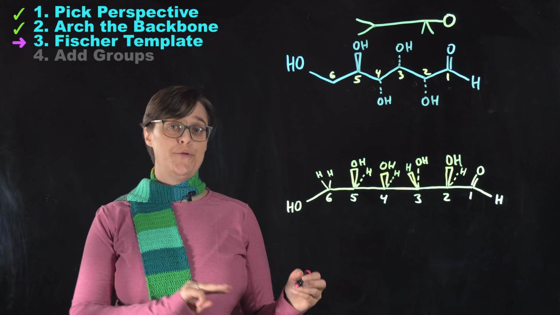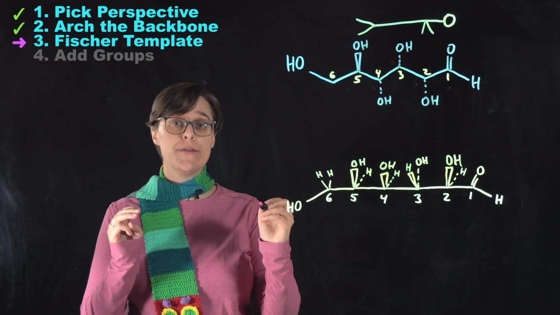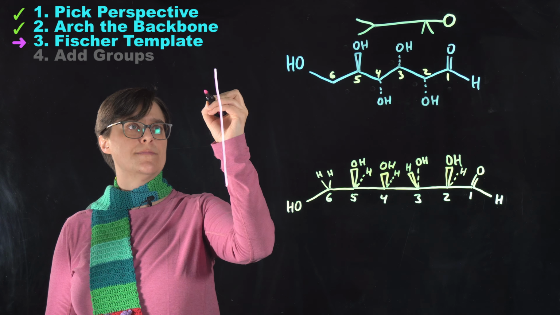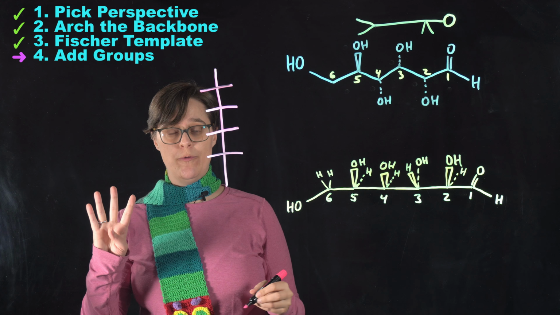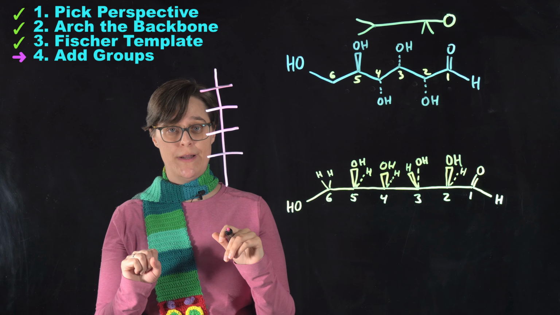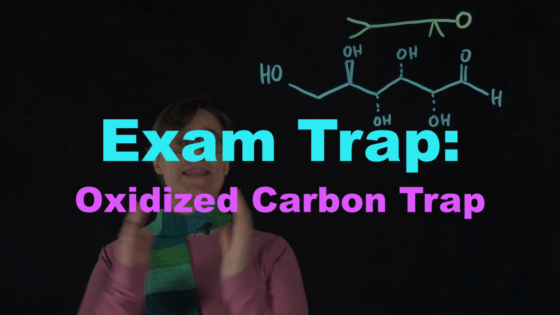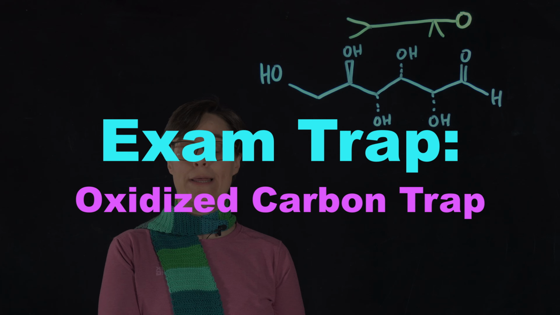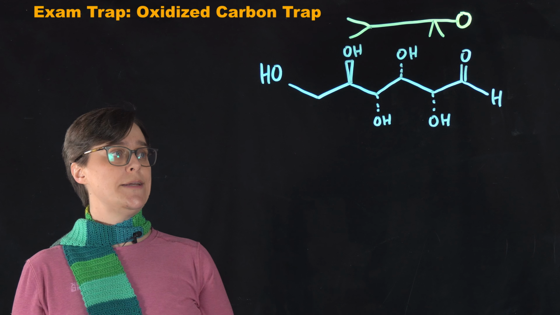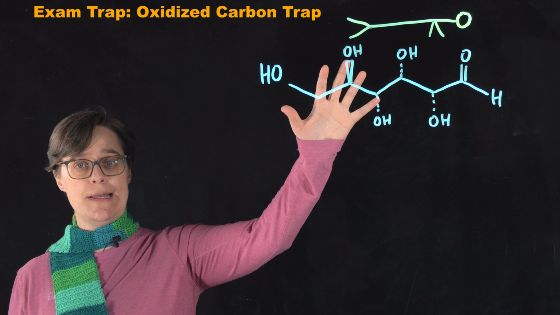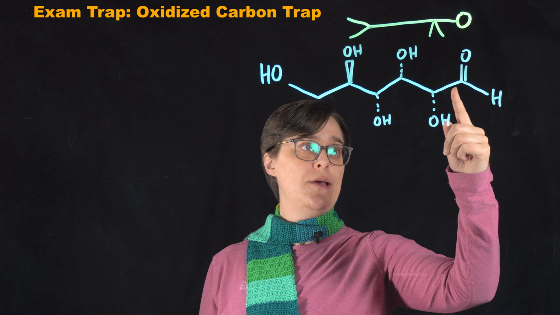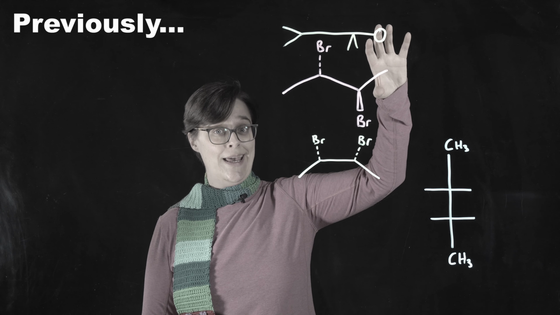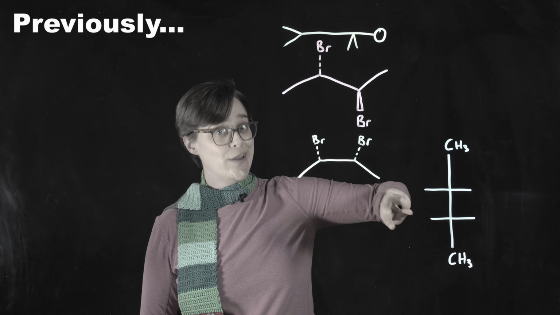Step 3 is to draw your Fischer projection template with the correct number of carbons. Step 4, add all of the other groups that are bonded to it. This brings us to the next common place where people tend to lose points. It is far more common to draw a skeletal structure with the carbonyl group on the right. Wedge is on the right, dash is on the left.